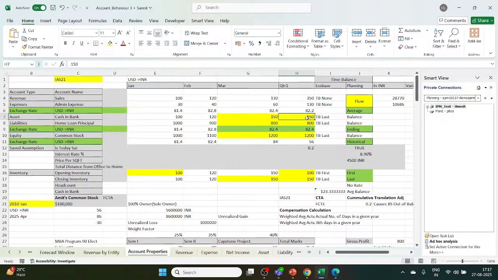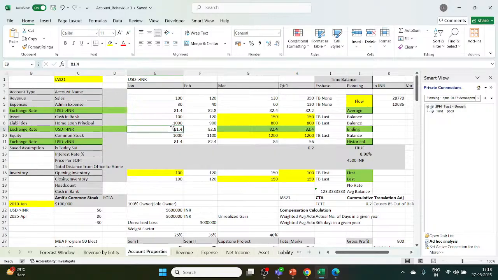And we can understand the same thing by understanding the natural meaning of balance. The natural meaning of balance is the thing which remains last. So 150 comes last. You can see it here.